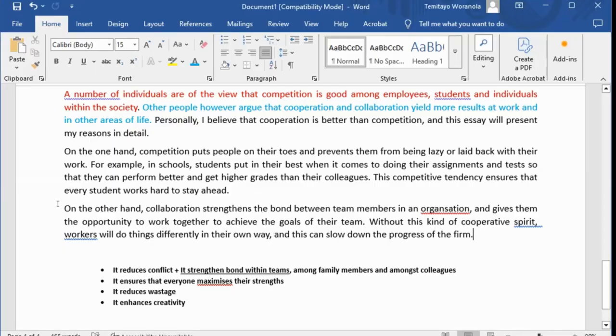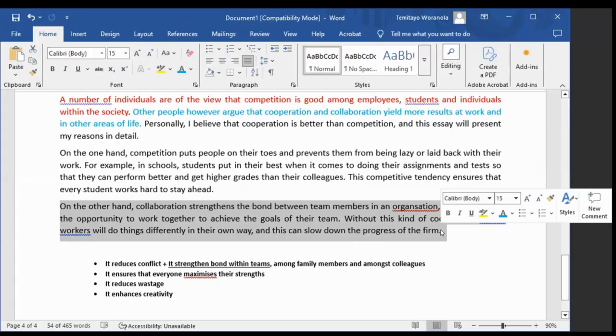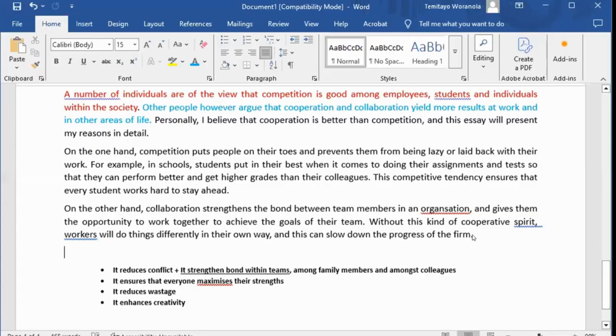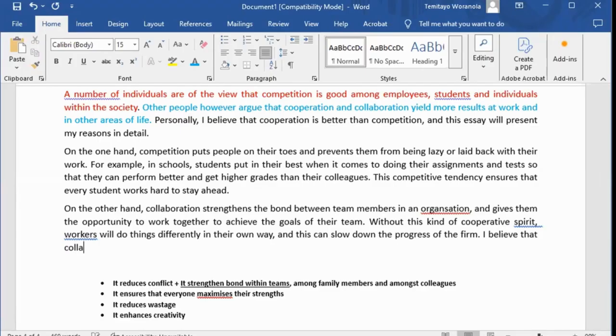So I hope you guys are getting my point. These first 2 sentences I've written, they are basically the other viewpoint. Now I want to write a sentence that shows that this is my viewpoint. Okay? I believe that collaboration reduces the risk of unhealthy conflicts within the family and in an organization.